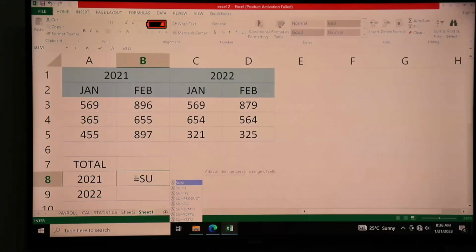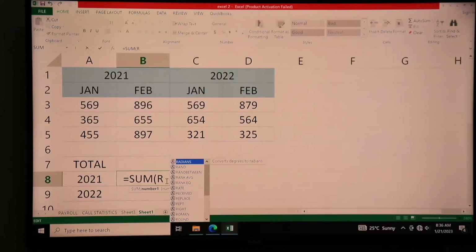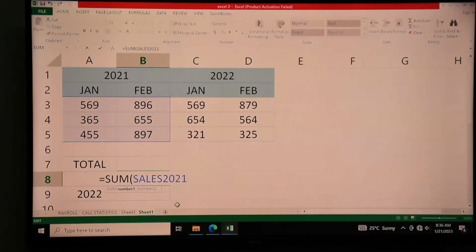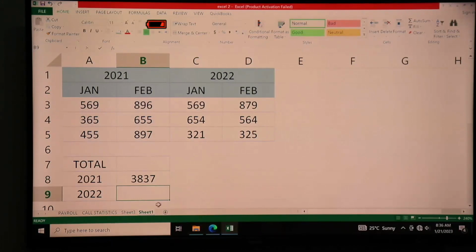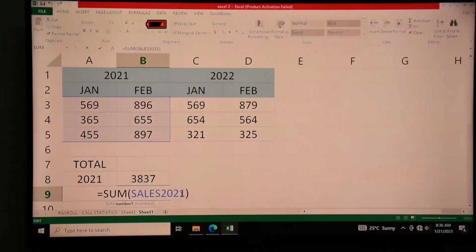Then once I select sum, it will ask me specific range that I want to sum. Then I want to sum sales 2021. And say select range 2021. Then select range 2022. So here, select the range 2022.